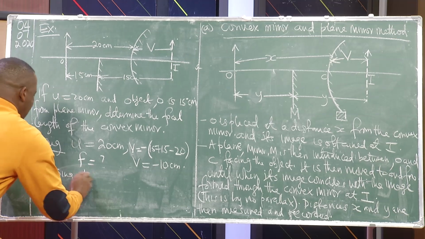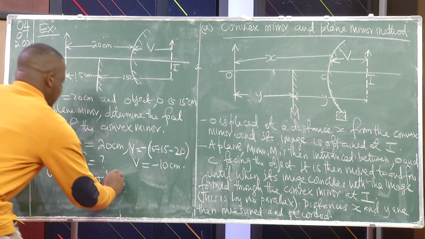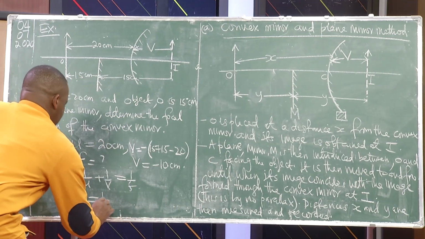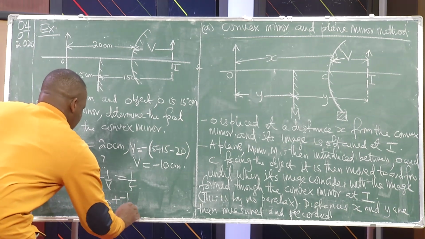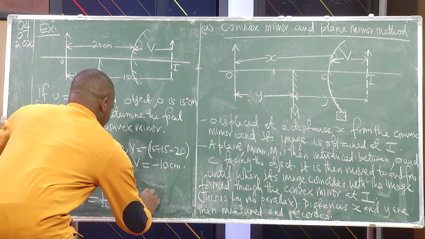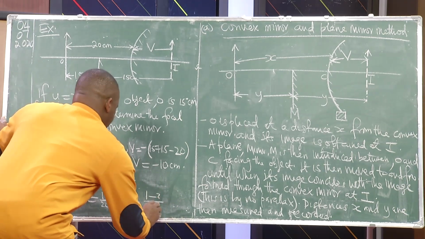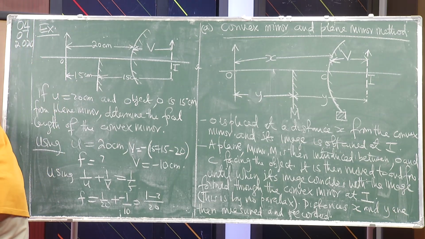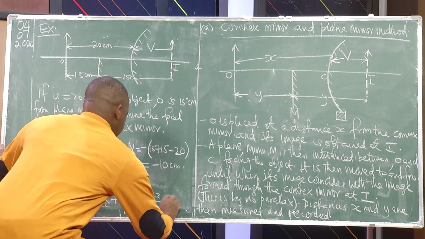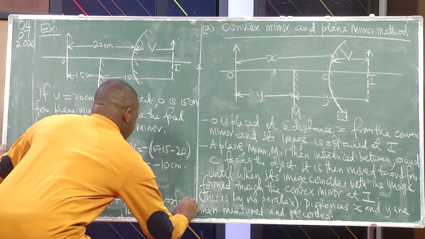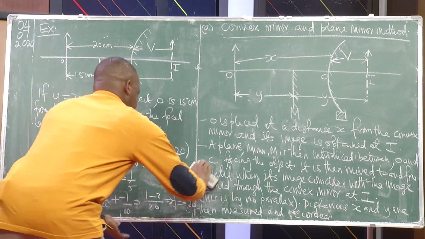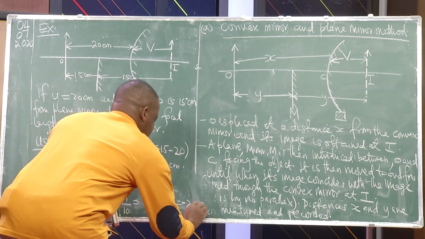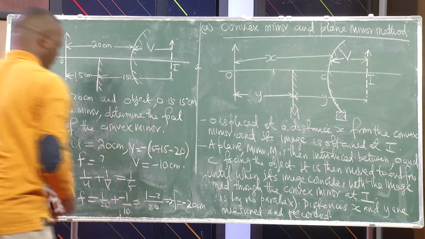And therefore, using the formula 1 over u plus 1 over v is 1 over f, we can find f as 1 over 20 plus minus 1 over 10, which implies that we shall get 1 minus 2 over 20, and this will give us our f as negative 20 centimeters.